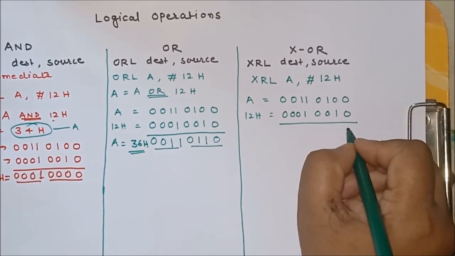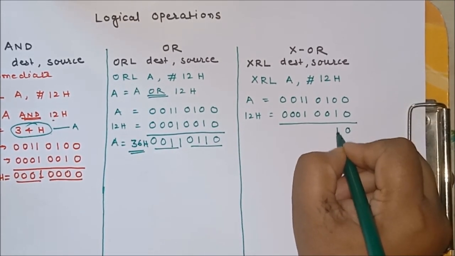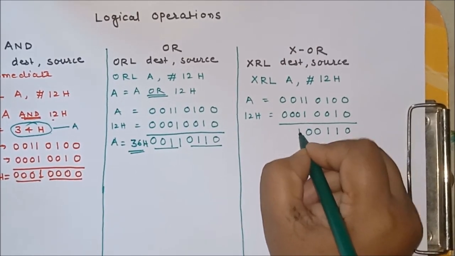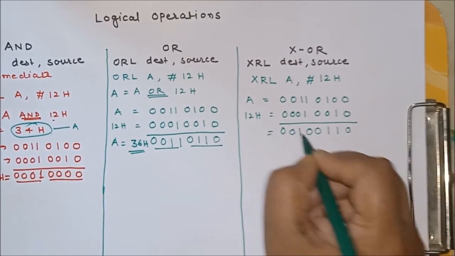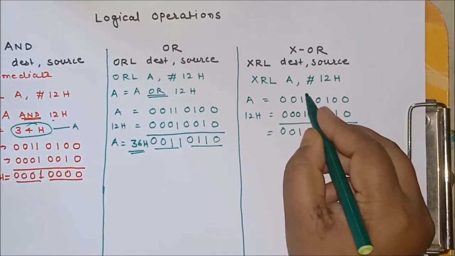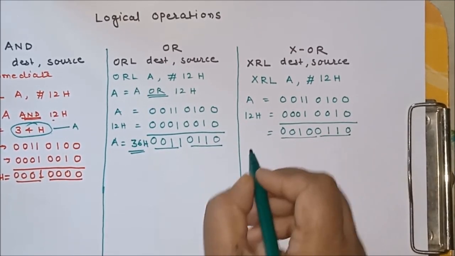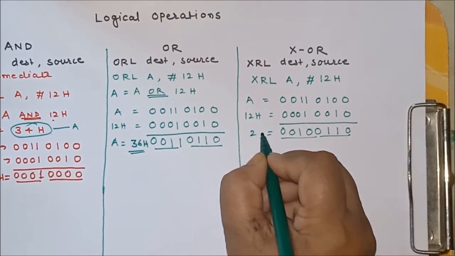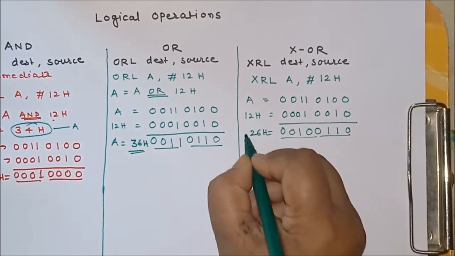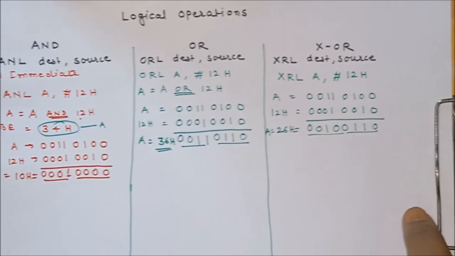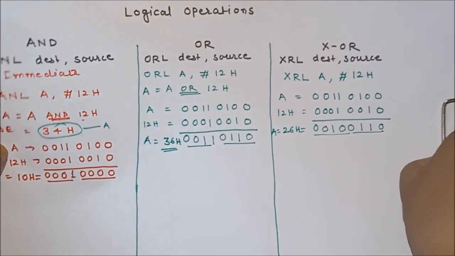Where both bits are 0, we get 0; for an odd number of 1s, we get 1. The XOR operation is performed on each bit, and this is the result. You'll get 26H, which will be stored back in the accumulator. So the particular operation is performed bit by bit and the result is stored at the destination.